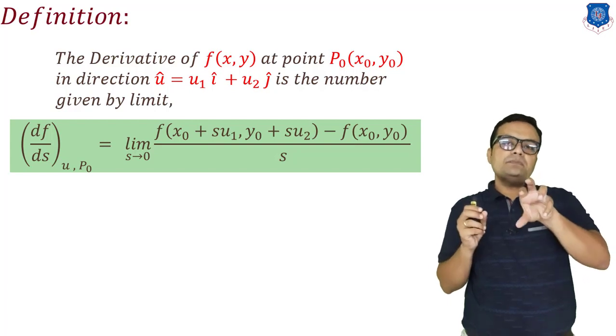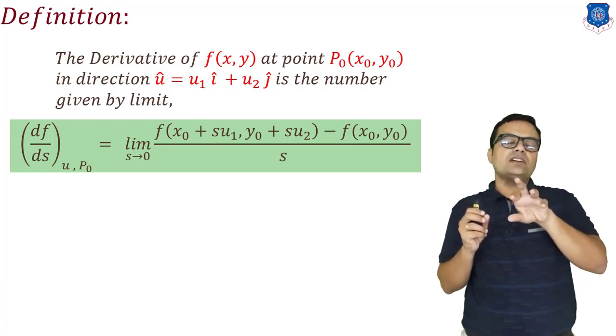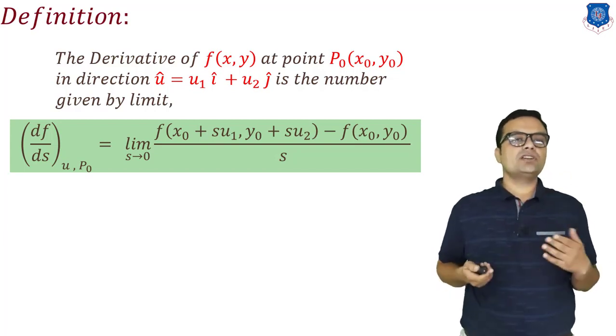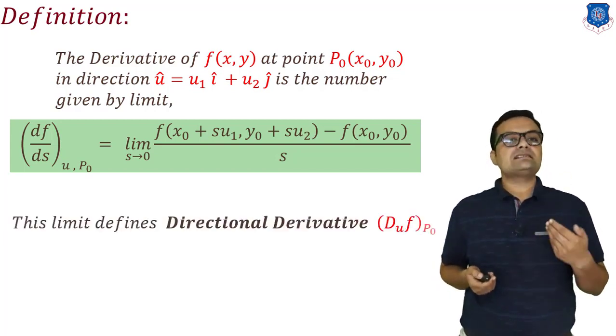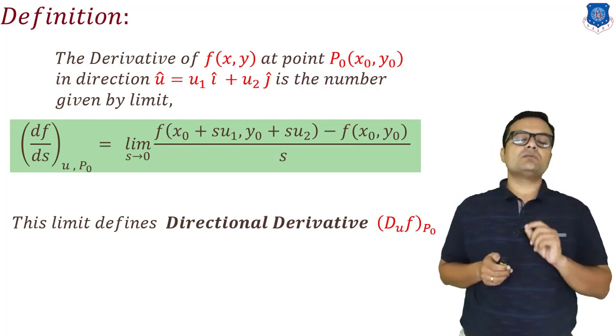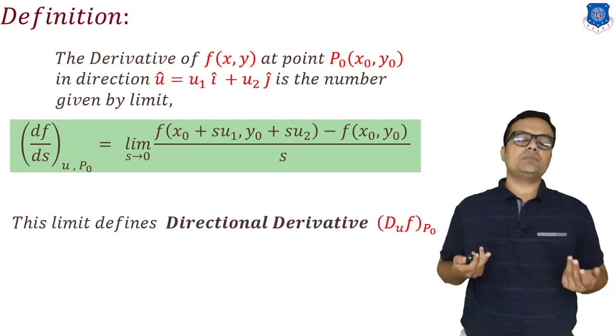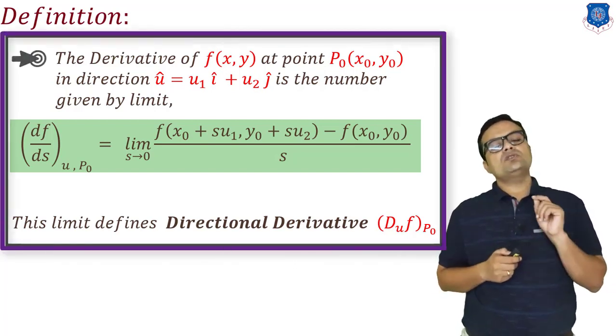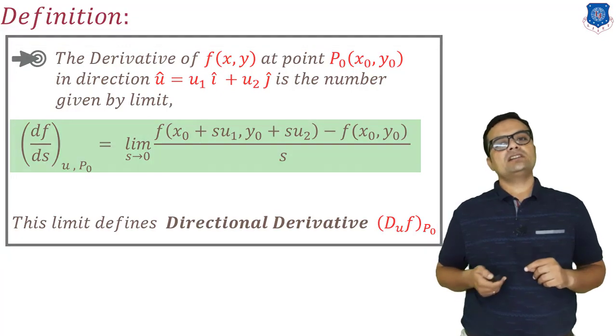The whole concept remains the same. Here I am finding only the change in a random direction u cap. And if I take s tending to 0, it gives me the value of directional derivative, which is denoted by D_u f at point P0 in direction u. This should be noted down. This is the first way of defining directional derivative.